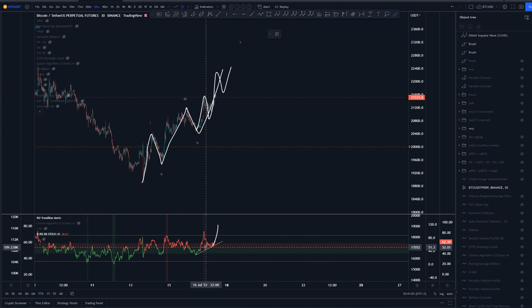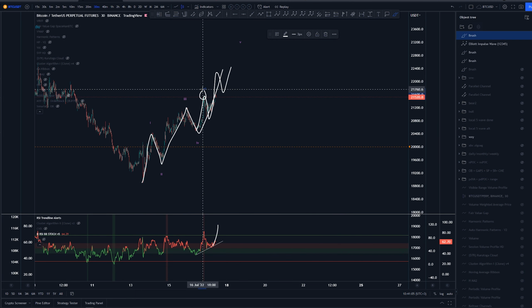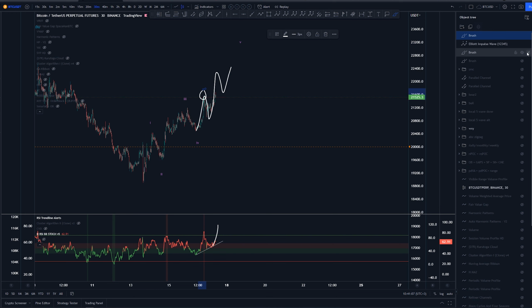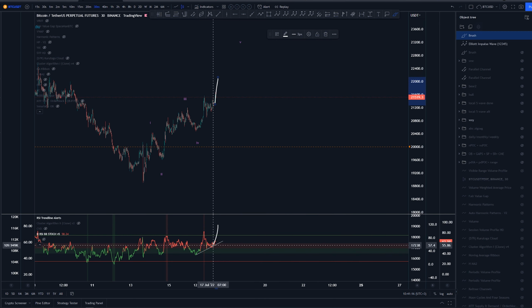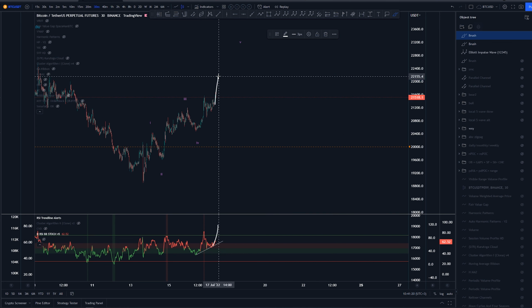And if indeed this is just a wave 1 here of that 5th, then we would need higher RSI on a very high rise in price, of course, and then a dump before the 5th.